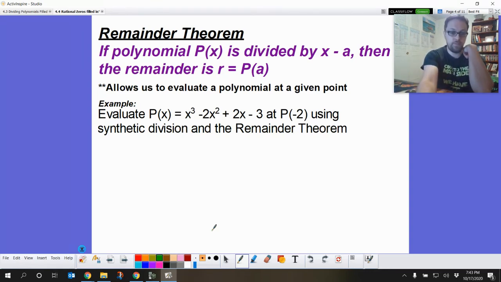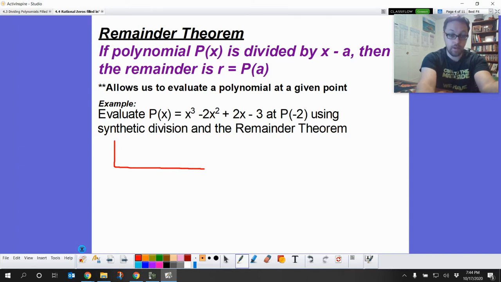So if I wanted to find this remainder by synthetic division, I could just plug in p of negative 2. So what is p of negative 2?